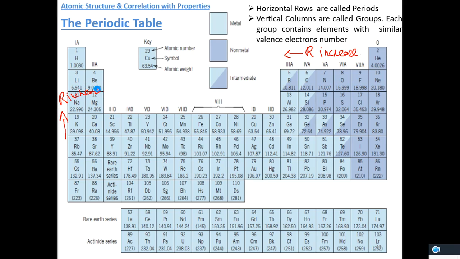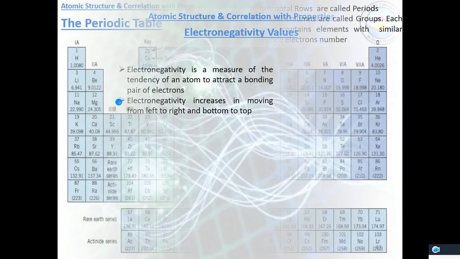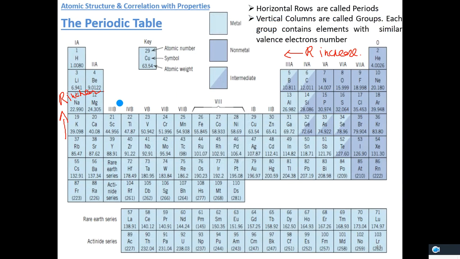Again you can see, because the number of valence electrons will decrease when we go from bottom to top, and because of the decrease in the number of electrons in the valence shell, the electrostatic forces will decrease and atomic radius will increase. Similarly, this is the concept of atomic radius.